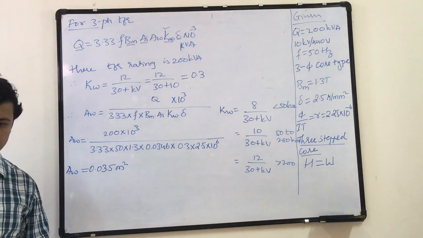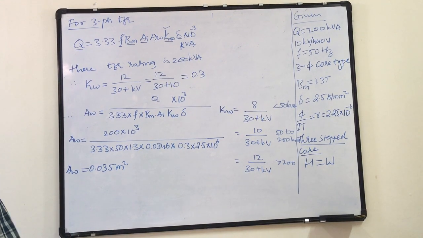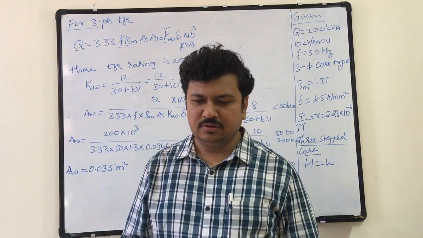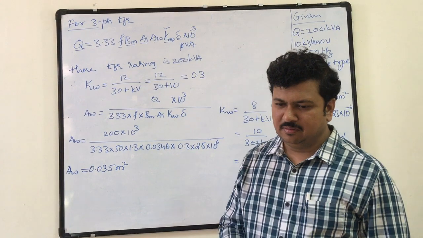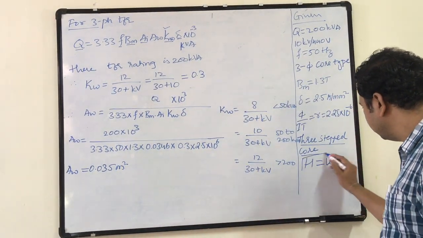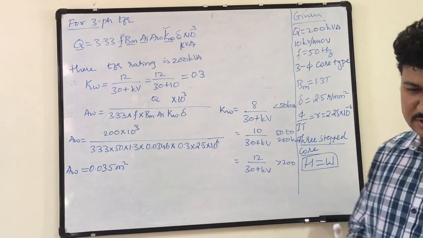Now, we have one standard dimension of window: the ratio of height of window to width of window should be 3. That holds good if I don't know the dimensions of the frame. But here in the design example itself it is given that overall height is equal to overall width.